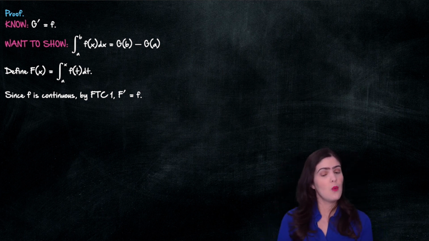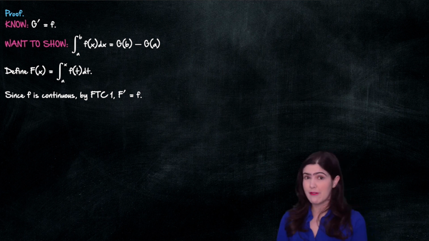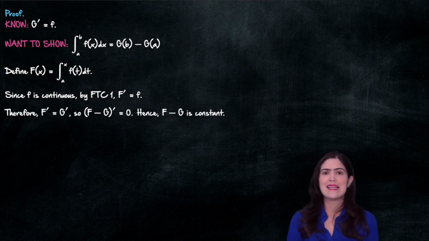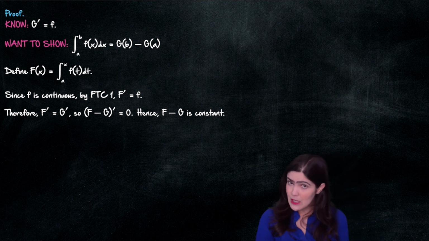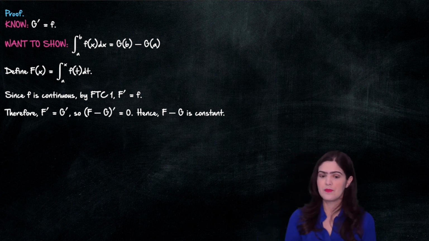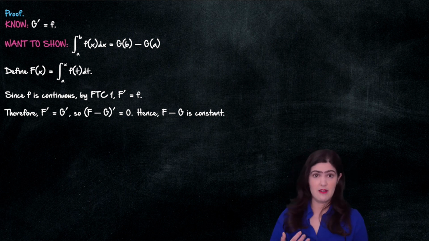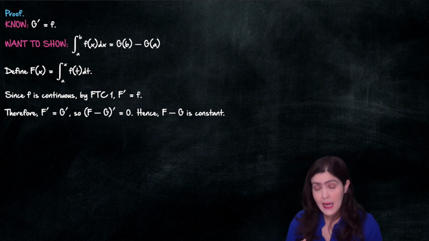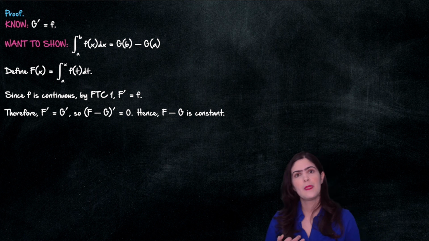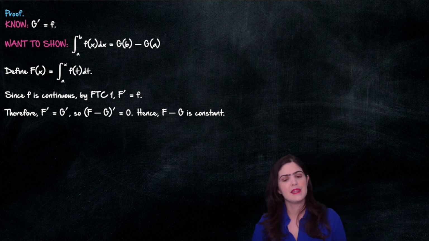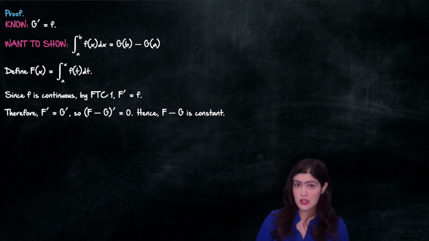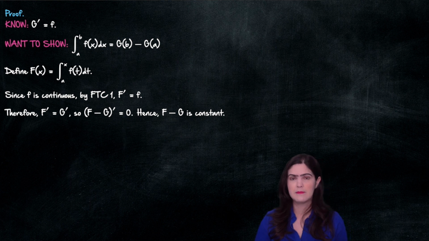But then we also know that the derivative of g is equal to f. So that tells me that the derivative of big F is equal to the derivative of g. But then that tells me that the derivative of F minus g is equal to 0. But then that would imply that my function is constant on that interval [a, b].